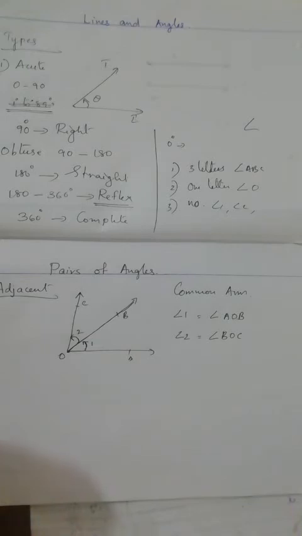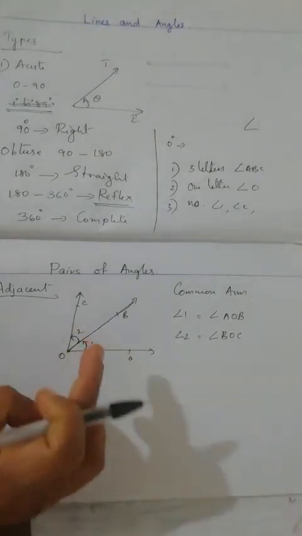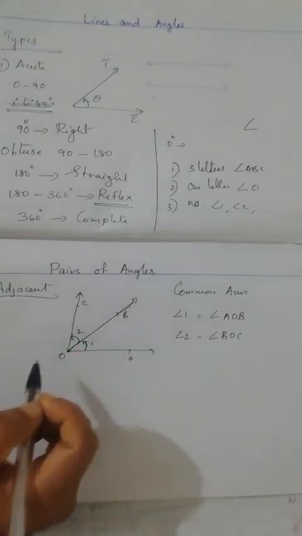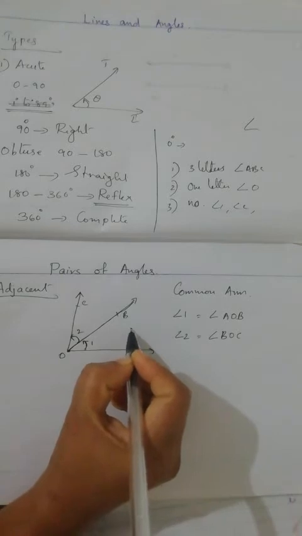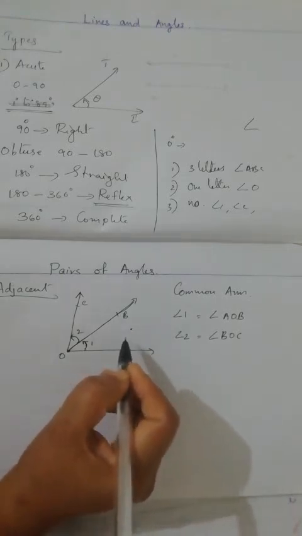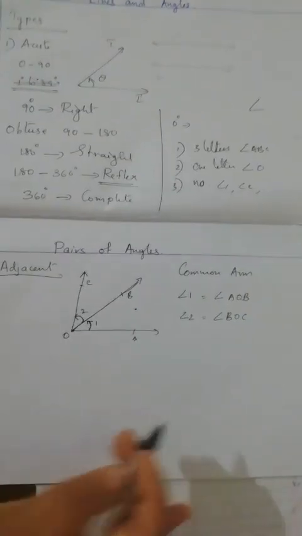Angles like these we call adjacent angles. Adjacent angles are two angles that have a common vertex and a common arm. And whenever we take any point in the interior of one angle, it will not be included in the next angle. That is another condition.